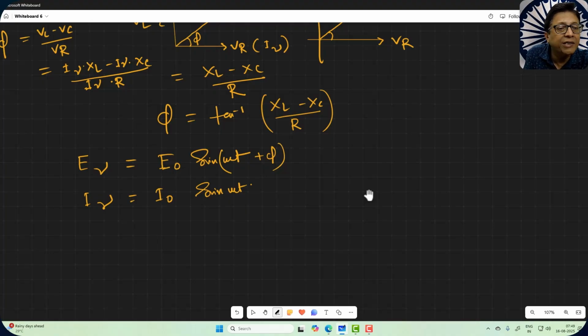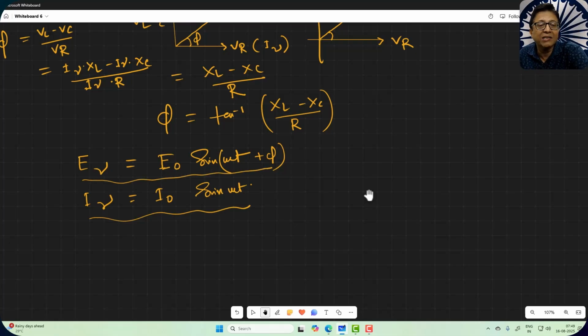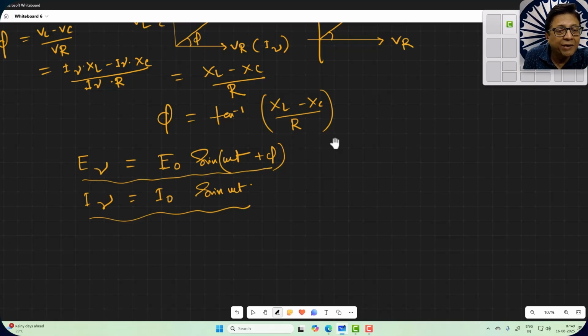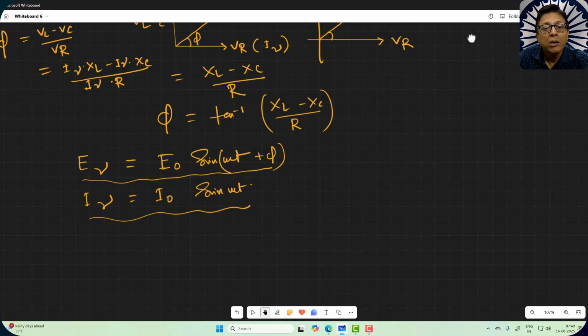Let the current in the AC circuit be given by this and the voltage in the AC circuit be given by this. You have taken e equal to E0, this is the RMS value, and i is also the RMS value. Now, can I say that the power of an AC circuit is like DC, P equal to V into I?